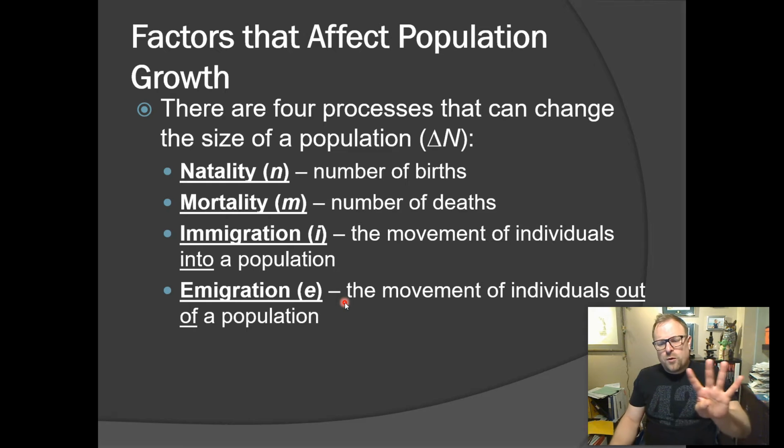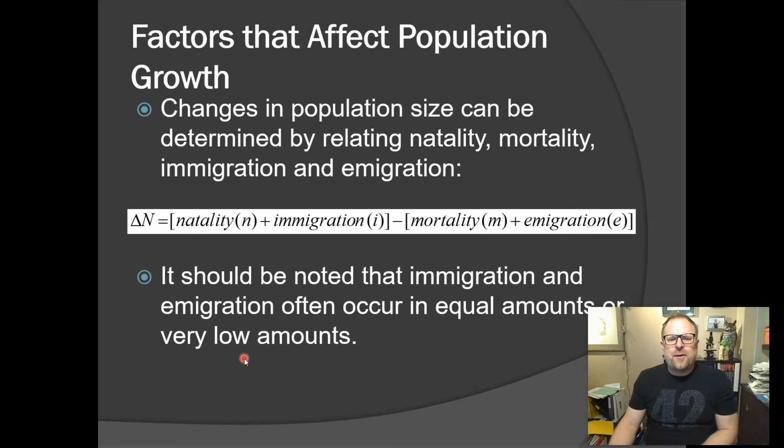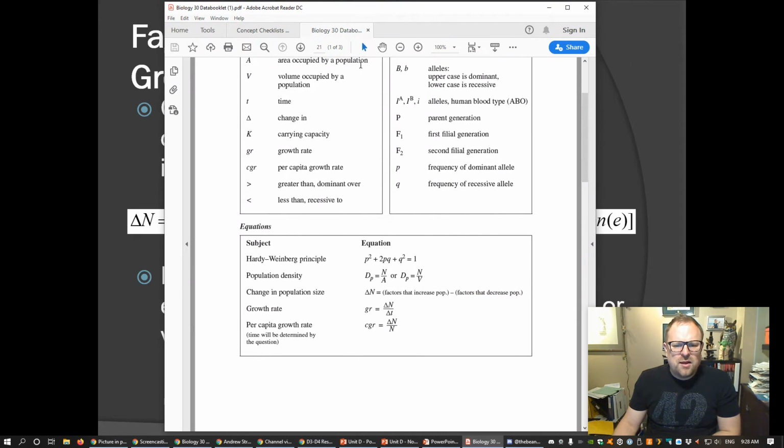All 4 of these things need to be factored together, and the way we're going to factor them together is by looking at them as things that increase the population minus things that decrease the population. And if you've had a close look at your data booklet, that is how we represent change in population size.